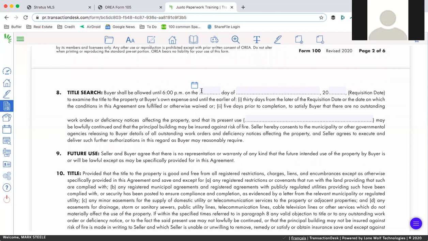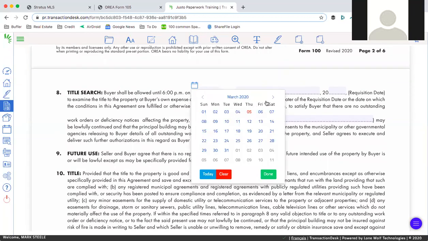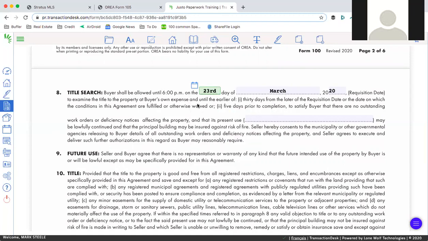Now for the title search, number 8, I like to put 1 week prior to the closing date for this title search. Essentially the title search period means that up until that date, so the 23rd, the lawyer is going to look at any liens, any encumbrances, anything that might be on the back end of this property legally.